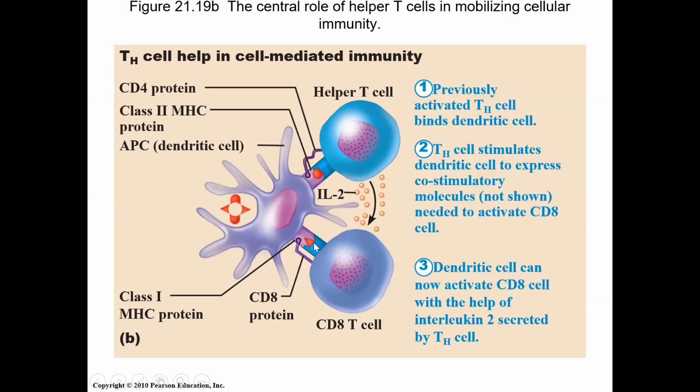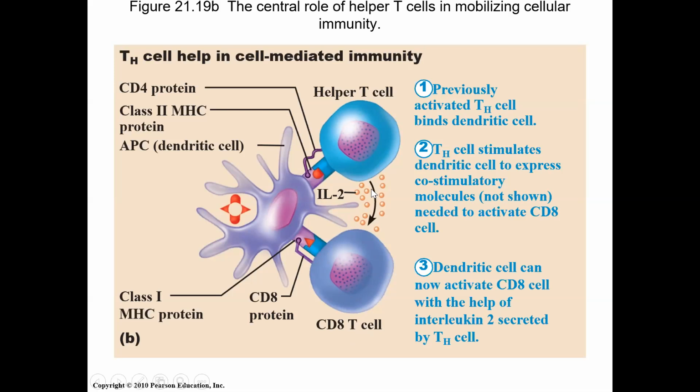Of course. All the nucleated cells have MHC1. The whole point of this binding is to start T killer cell mitosis to make a lot of clones, the same type of T killer cells. But this mitotic process cannot be fast enough unless you have interleukin 2.